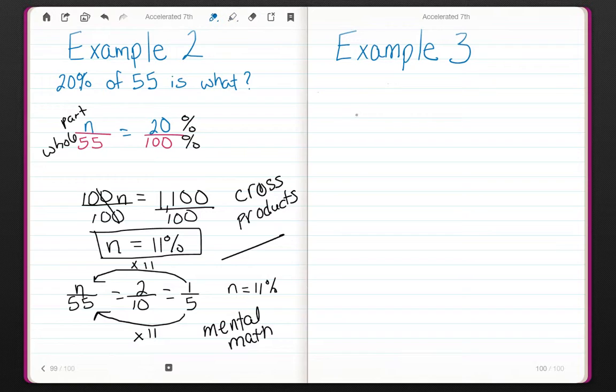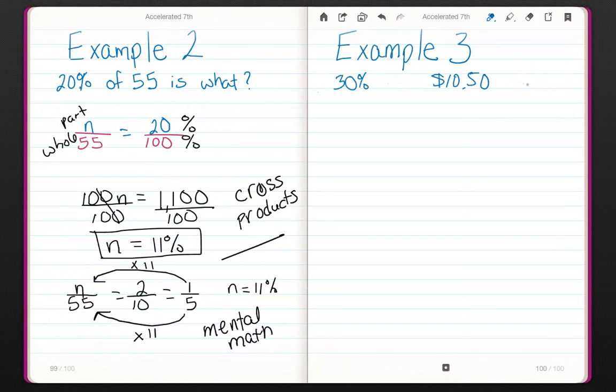All right, example 3 is a word problem. Suppose your entertainment budget is 30% of your weekly wages from your job. You plan to spend $10.50 on a movie. How much will you need to earn at your job in order to stay within your budget?